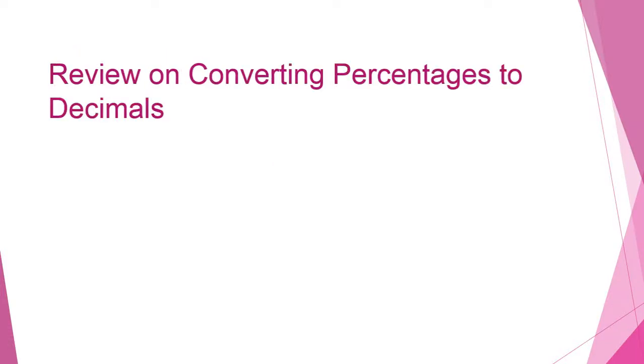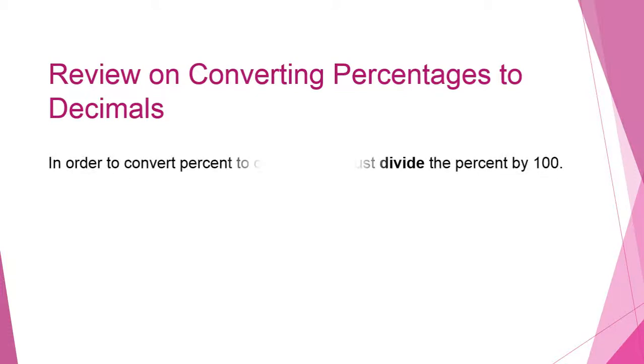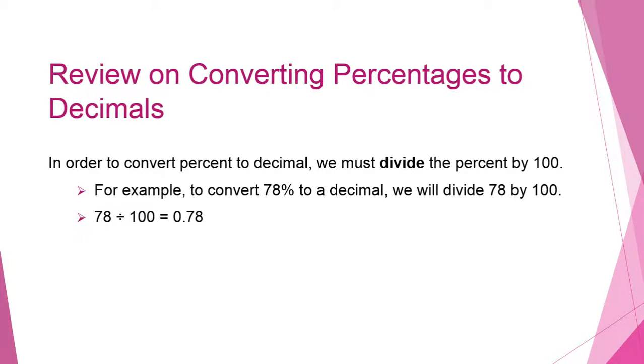So let's do a quick review on converting percentages to decimals. Keep in mind, in order to convert a percent to a decimal, we must divide the percent by 100. So for example, to convert 78% to a decimal, we divide 78 by 100, giving us 0.78.